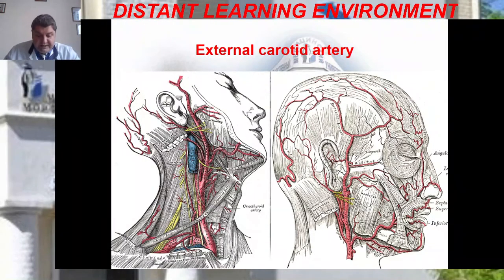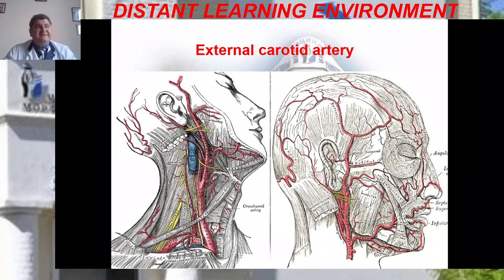It runs upward to the lingual triangle. This is a little region of the neck, and the lingual artery passes here. It's covered by the hyoglossus muscle and passes to the tongue.